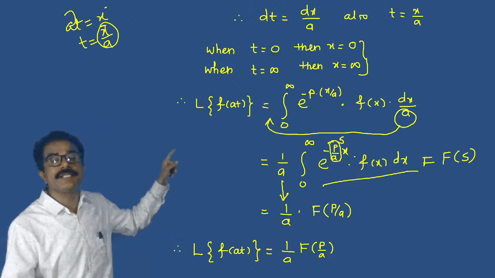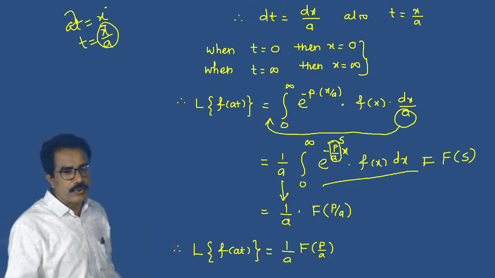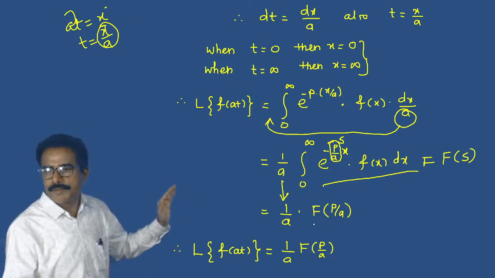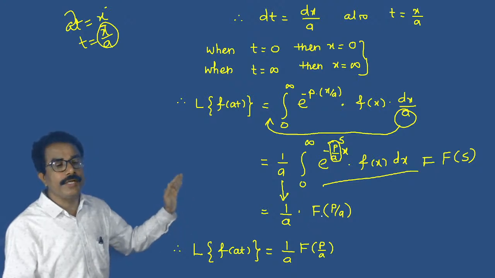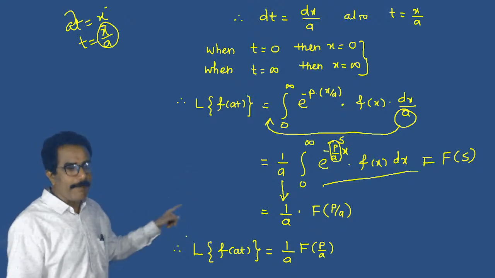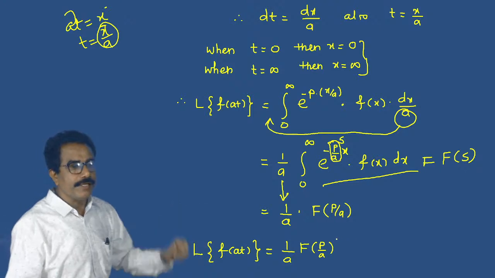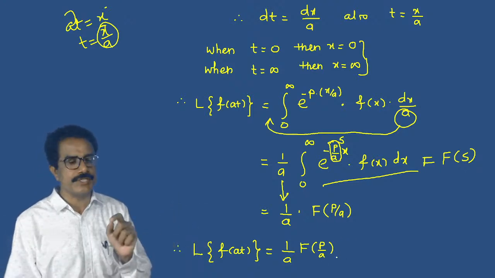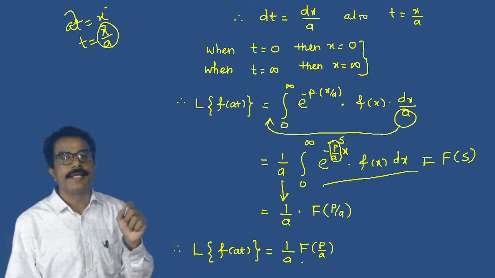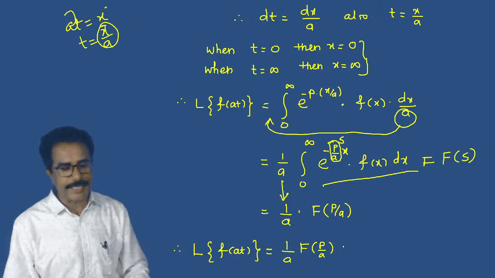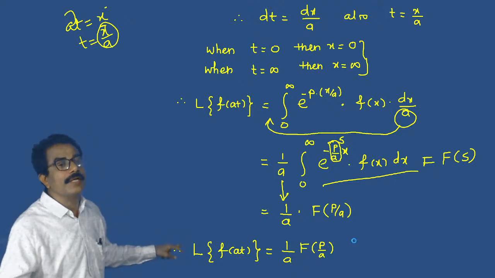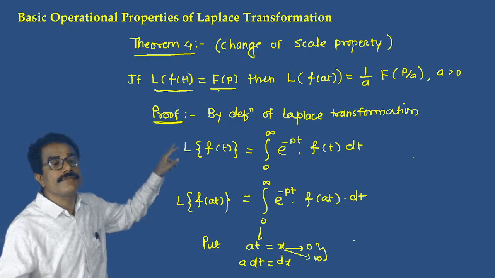But s means p by a. So 1 upon a into F of p by a. So the Laplace transformation of f of at is equal to 1 upon a capital F of p by a. This is a very important theorem: change of scale.